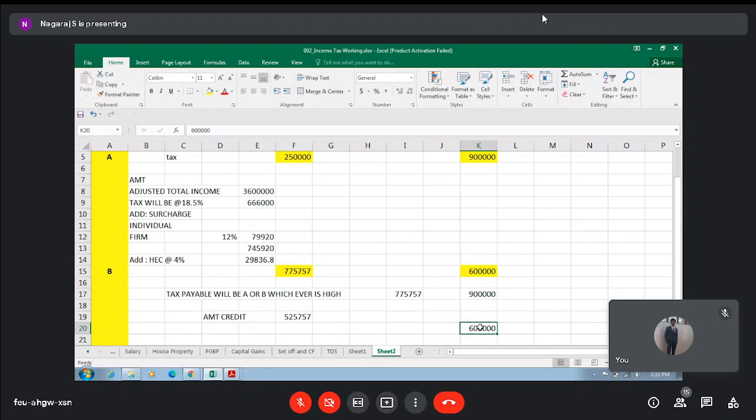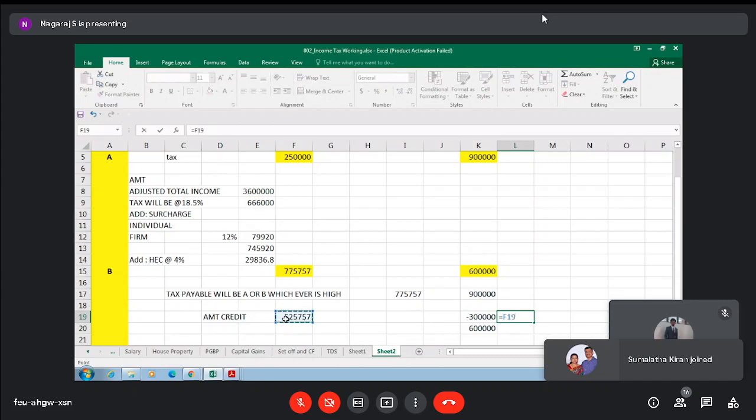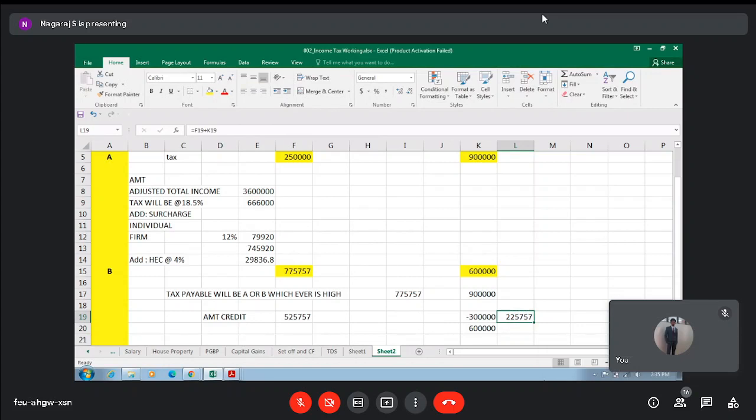Yes, sir. That means the difference of 3 lakhs you can claim as deduction. Difference of these two, you can claim the deduction. Then what is the amount carried forward to next year? 2,25,757 you can carry forward.